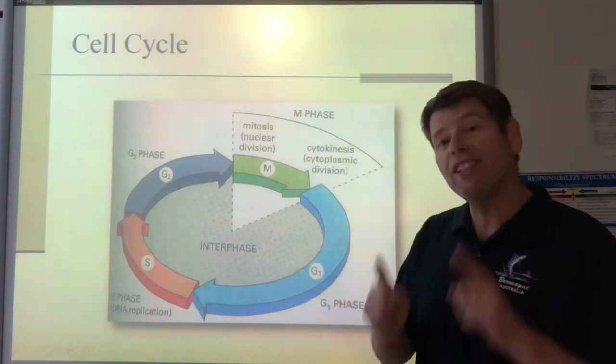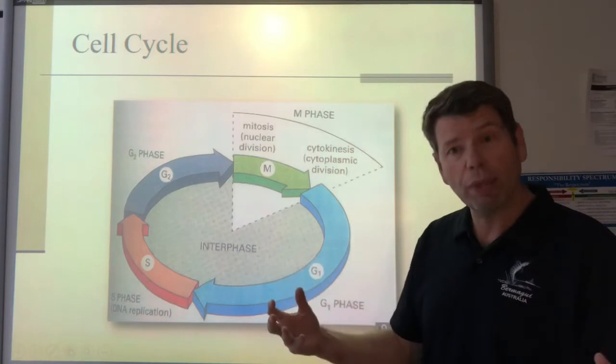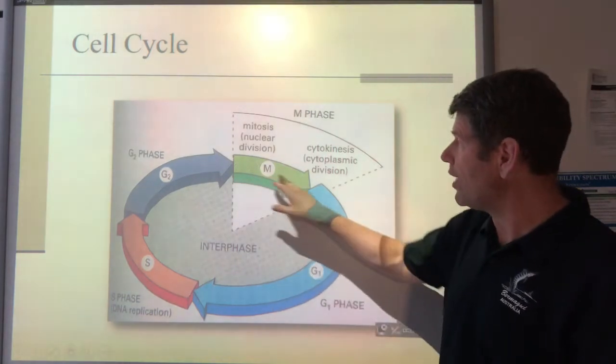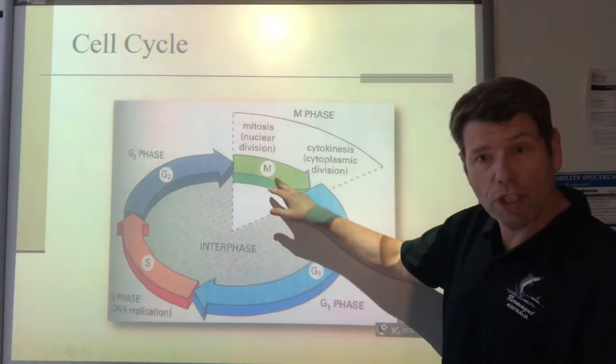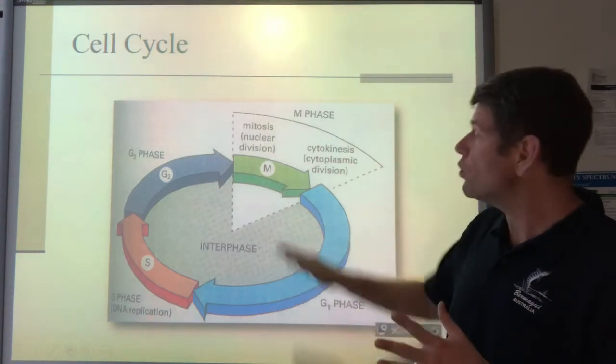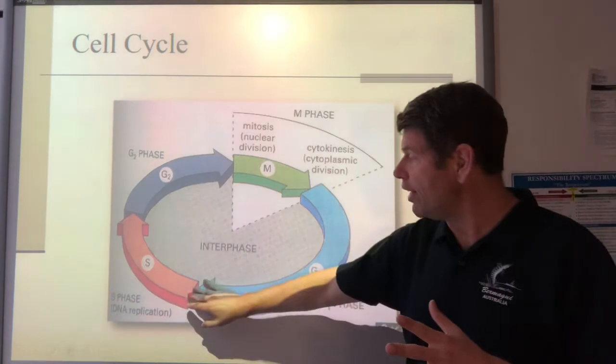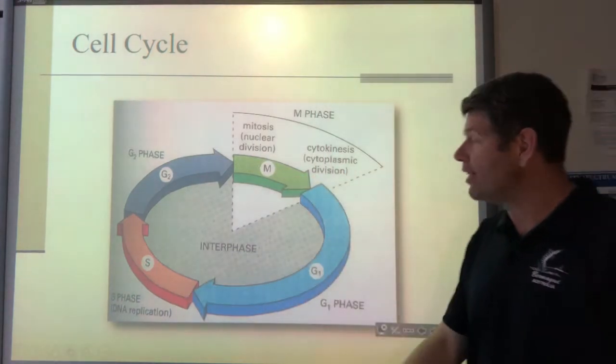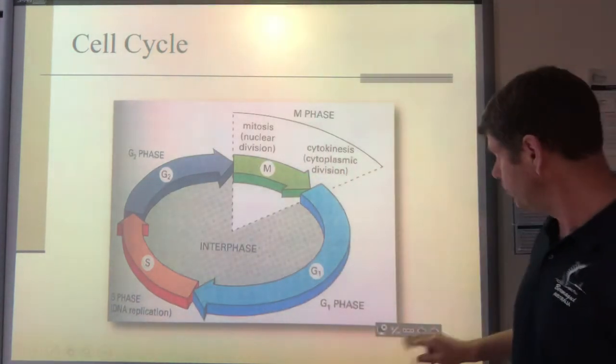Because remember, you have to double your DNA if you're going to split. In this period of time here, the M phase, or the actual mitosis phase, which is only about 10% of the cell's life cycle. So 90% of its life cycle is spent in interphase, about 10% spent in mitosis.